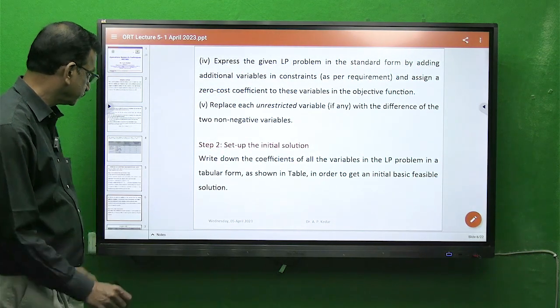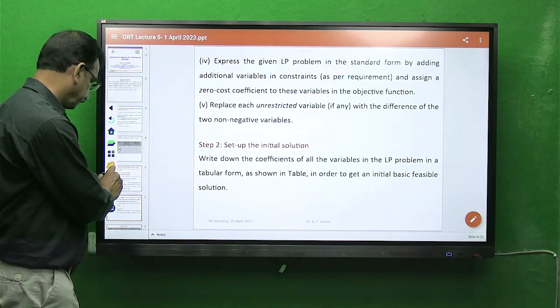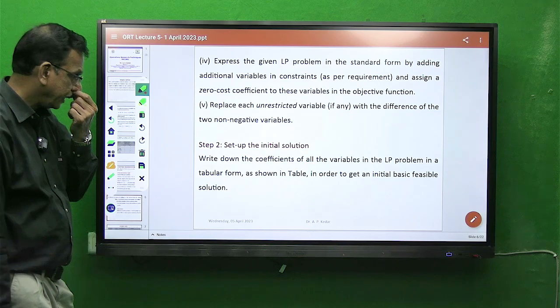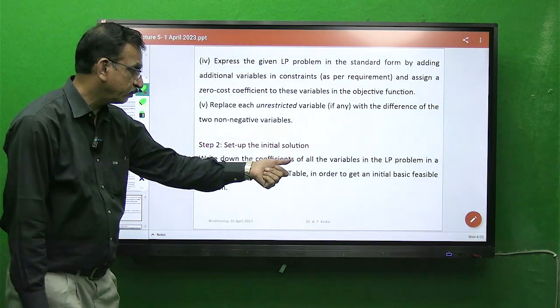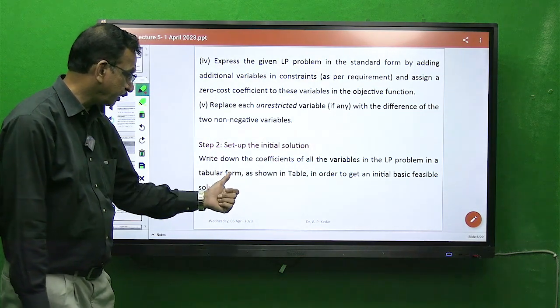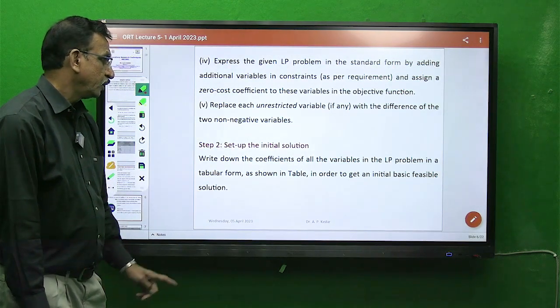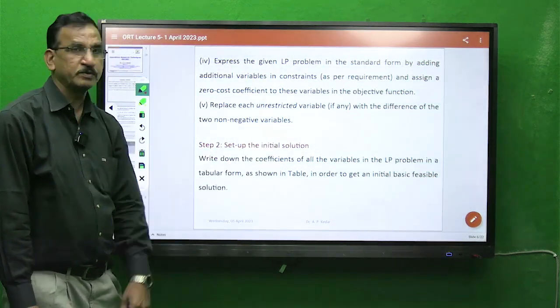Step 2. What is that? Set up the initial solution. Write down the coefficients for the variables of the LP problem in tabular form as shown in the table. I will show in the next slide. And get the initial feasible solution.